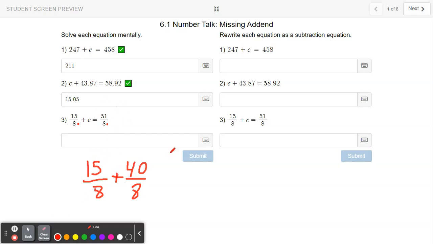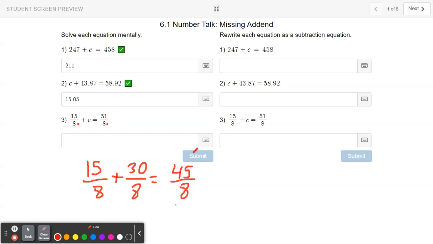Ooh, that's too much. So I guess I can't add 40 on. So why don't I try 30? Let's try 30/8ths. Because if I add 30/8ths, that's going to give me a total of 45/8. Okay, which is close to 51/8.